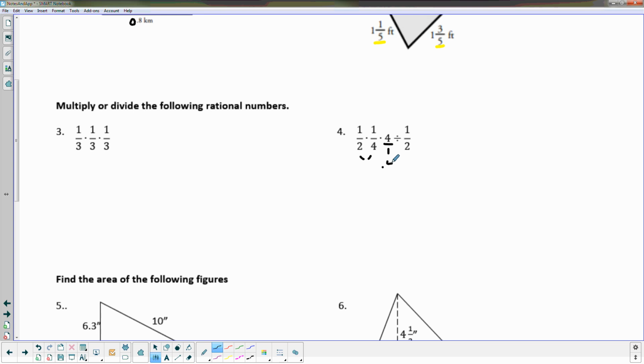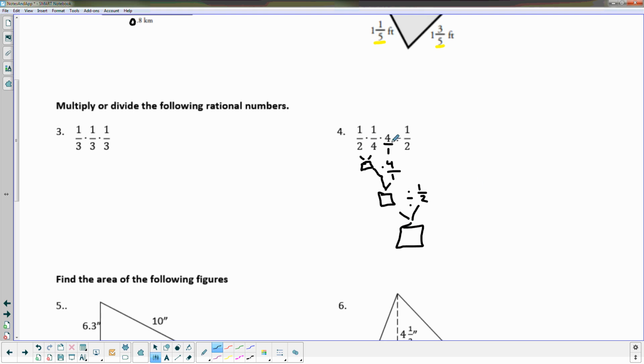Then if I take this 4 over 1, what do I get when I multiply those two things together? I get something here, I don't know what it is. Again, I get something here, I don't know what it is. And then when I divide that by 1/2, what do I get? And that'll be my final answer.